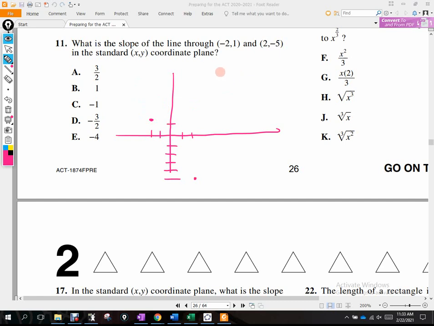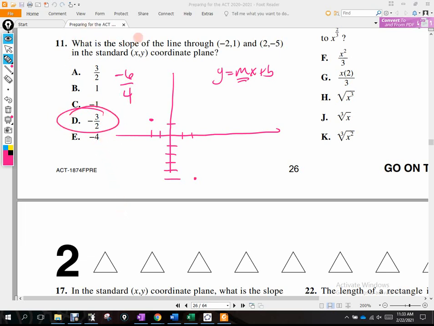M is, so y equals mx plus b, M is the slope. But I was looking for rise over run. So if I want to go from this point to that one, what's the rise? I've got to go down 1, 2, 3, 4, 5, 6, right? And what's the run? 1, 2, 3, 4. Down 6 to the right 4.